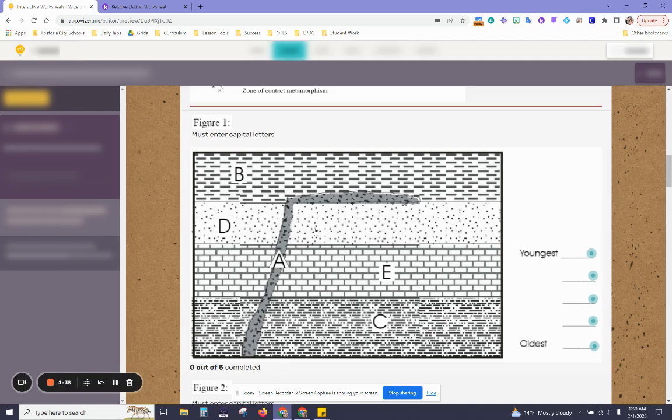C, E, and D had to have been deposited and turned into rock before A could crawl through and intrude there. So this is igneous rock. It was lava or magma, I guess, that melted its way through from the mantle below and came up, cut across, and spilled over on the surface here, and then B was laid down.